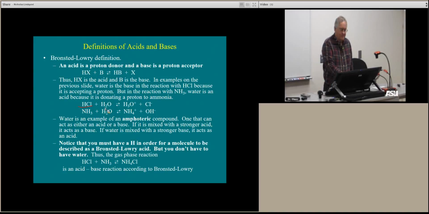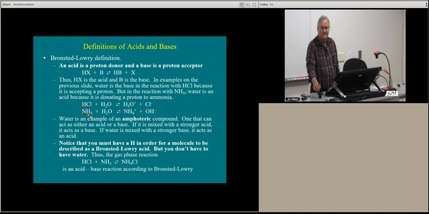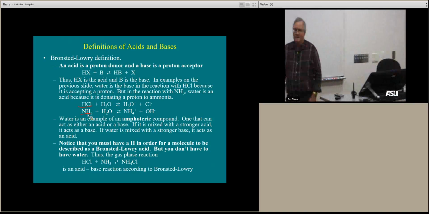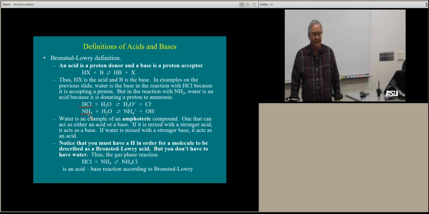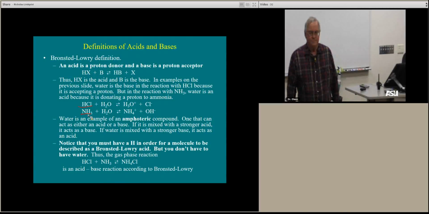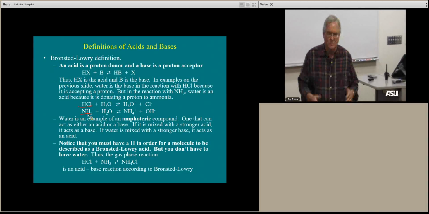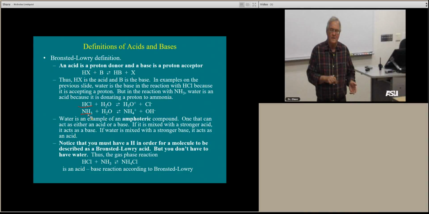And ammonia is going to be a base because it's a proton acceptor. It accepts the hydrogen ion from water and becomes an ammonium ion. So the same equation, HCl plus H2O, can be analyzed either in terms of being an Arrhenius acid or base or in terms of a Brønsted-Lowry acid or base.